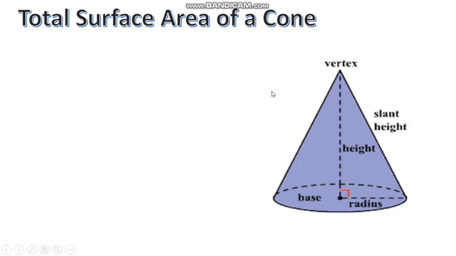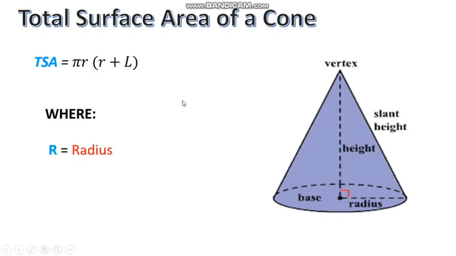In order for us to find the total surface area of the cone, we need a formula, which is: total surface area is equal to pi r open bracket r plus L. The L is representing the slant height, and the r is the radius. So this is the formula that we must use when finding the total surface area of a cone.